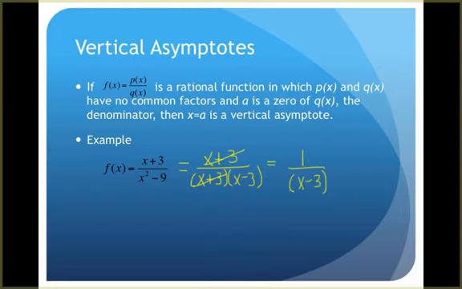So the new denominator is the one that we're going to use in order to find a vertical asymptote. So we take x minus 3 set equal to 0 and solve it. So our vertical asymptote for this function would be x equal to 3.